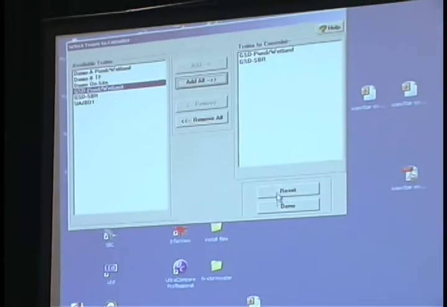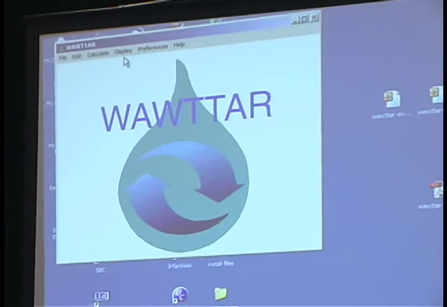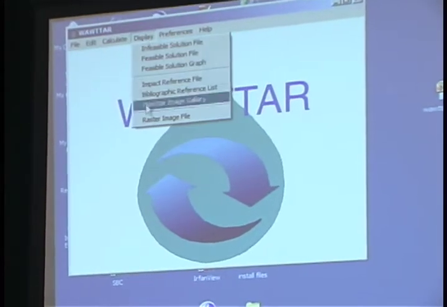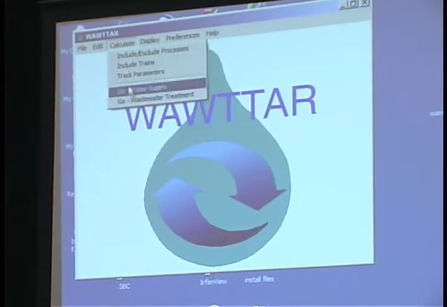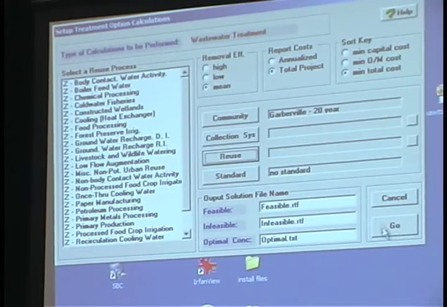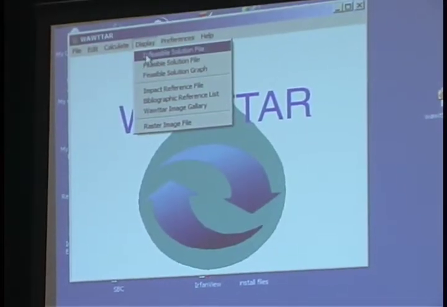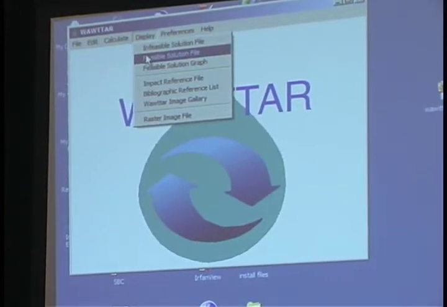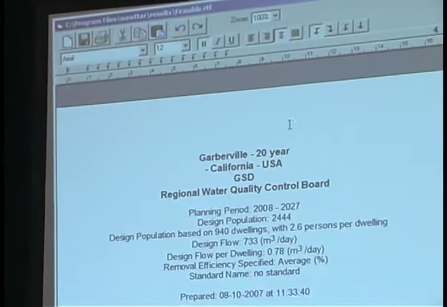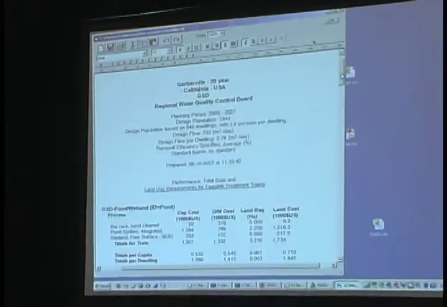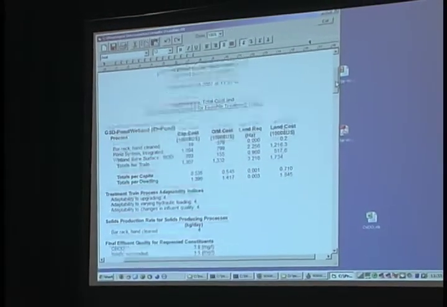I got two different illustrated treatment trains that we'll look at for Garberville. One of them is a pretty conventional waste treatment system. Okay, so this is the text output.